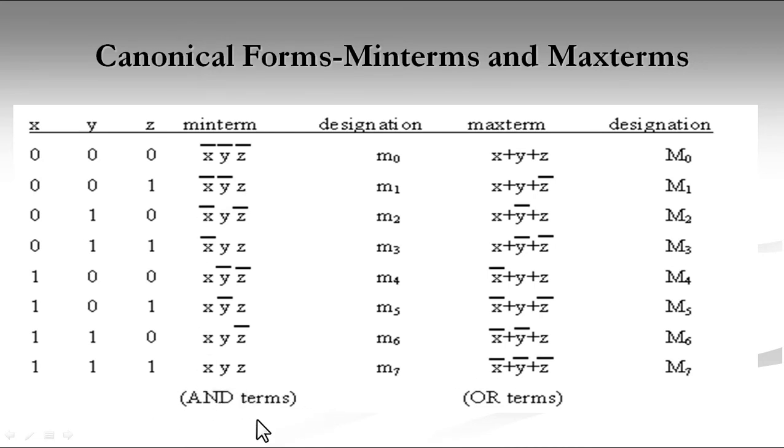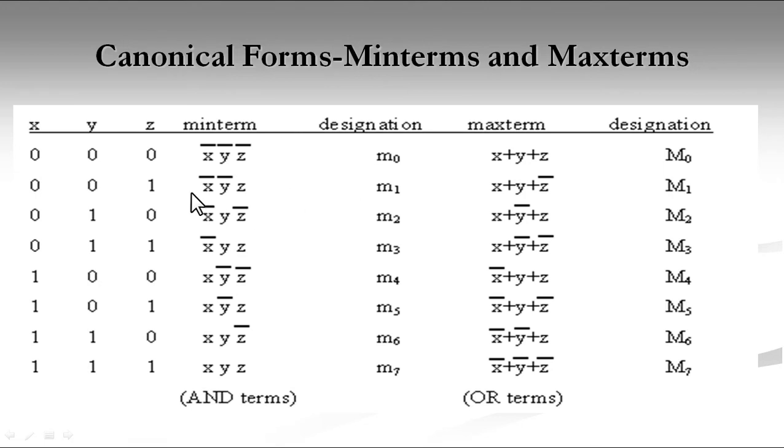These terms are called AND terms because there is multiplication in between each term. So the first term, that happens to be 0, 0, 0 for the respective values of x, y, z, the designation will be given as M0. Then the next term will be given as M1, where small m represents minterm.